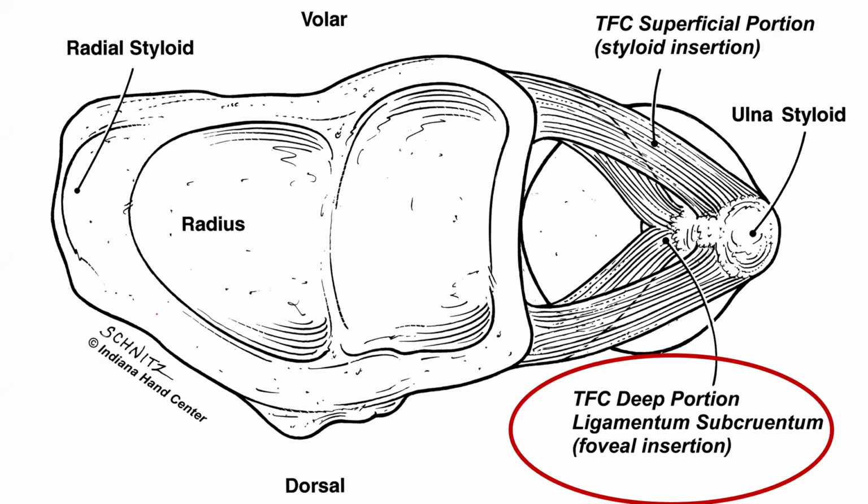The deep portion is known as the ligamentum subcruentum, exactly, it's deep, arising from the base of the styloid process, accompanying the superficial portion and inserting on the fovea, on the margin of the distal end of the radius on the ulnar aspect.